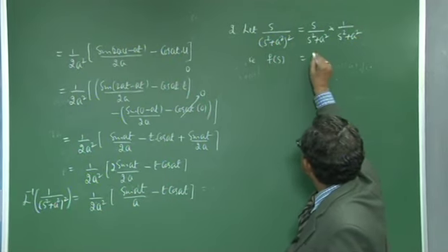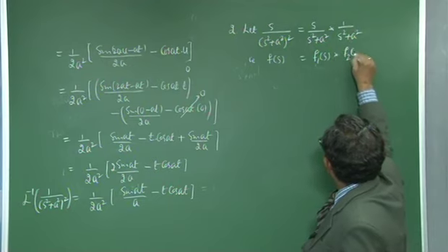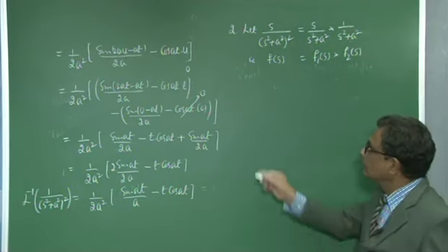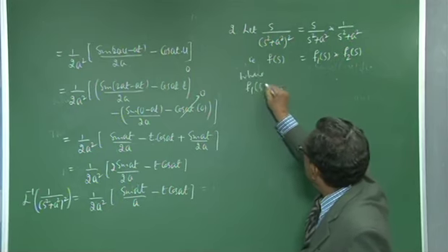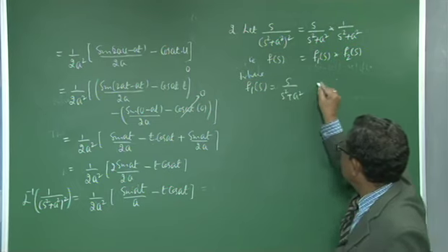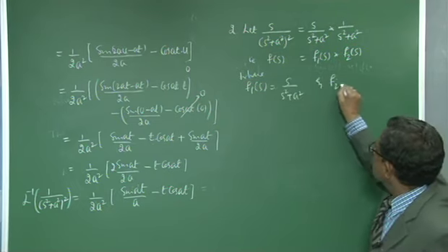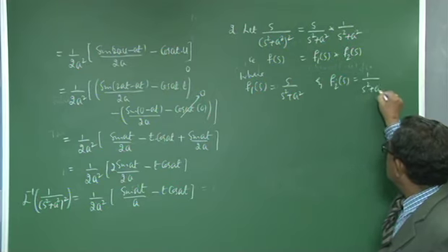You express it as f1(s) into f2(s), where the first function f1(s) is s divided by s square plus a square, and the second function f2(s) is 1 divided by s square plus a square.